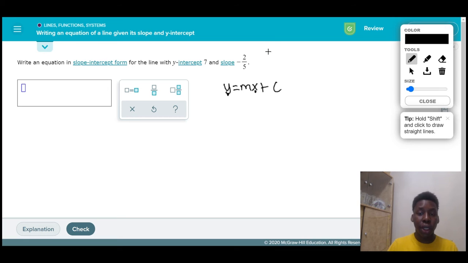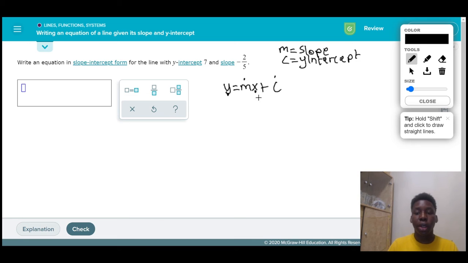In this question it won't really matter, we're just going to leave them as they are. The only things that matter are m and c. The m is equal to the slope, and the c is equal to the y-intercept.